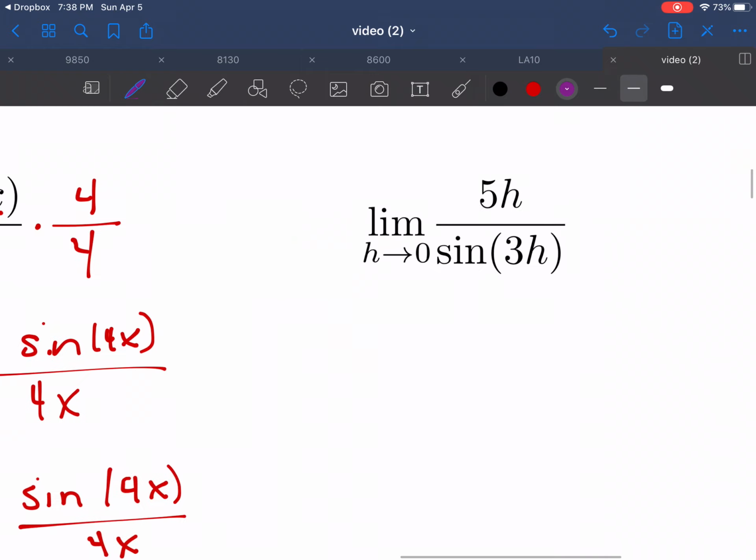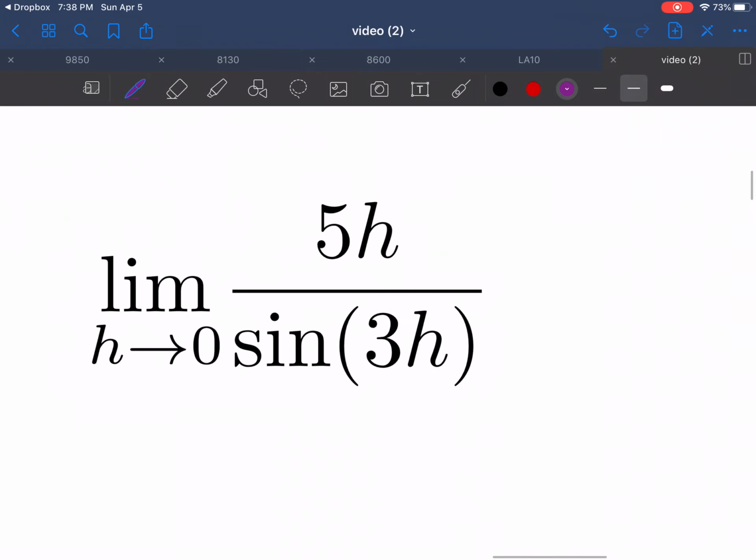Sometimes you might have to do more. In this case, we've got a 3h inside and a 5 out here. So we need to somehow make this denominator a 3h.